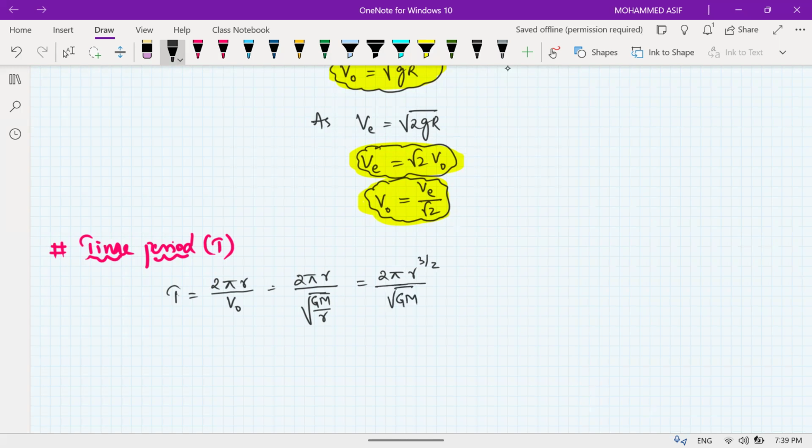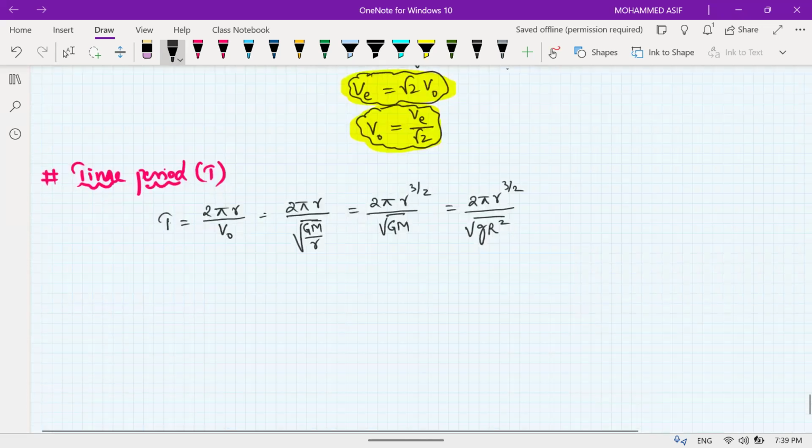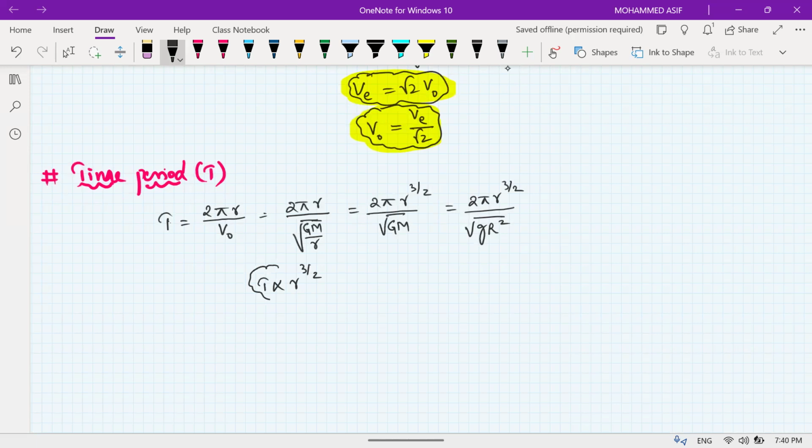Okay, so that means I can write right now, this is equal to 2 pi r power of 3 by 2 divided by under root of small g into R square. I can even write like this, isn't it? So can I say that from here we are getting Kepler's third law? T is directly proportional to r power 3 by 2. This is also your Kepler's third law.